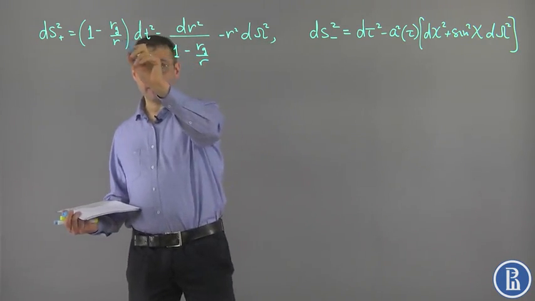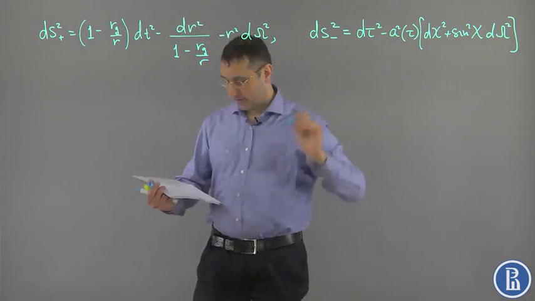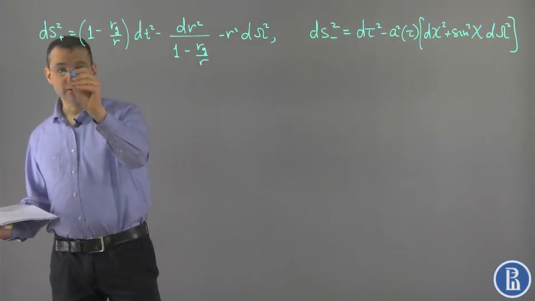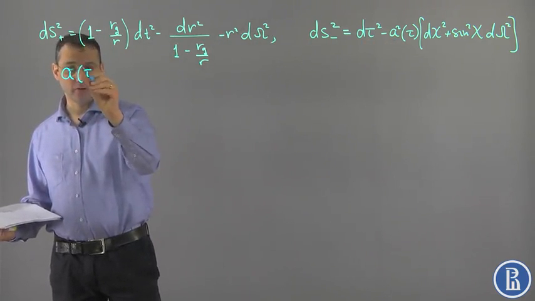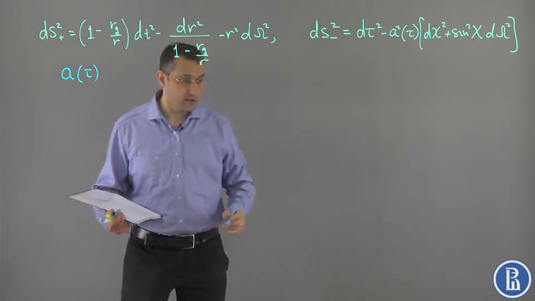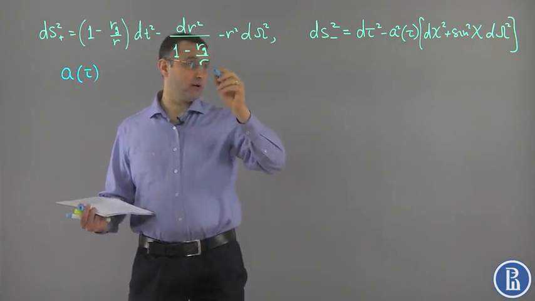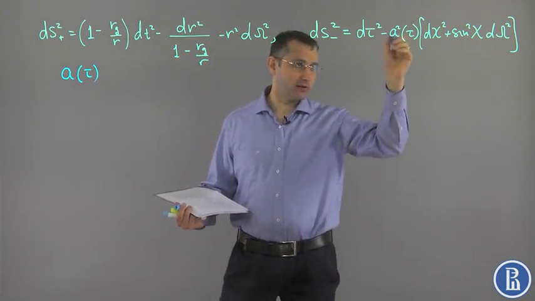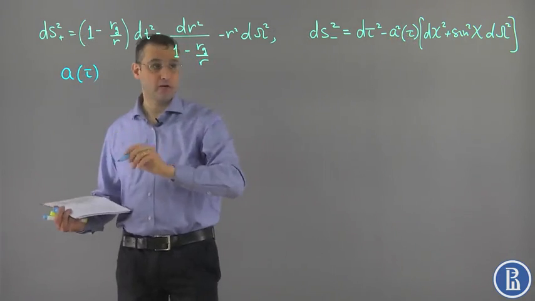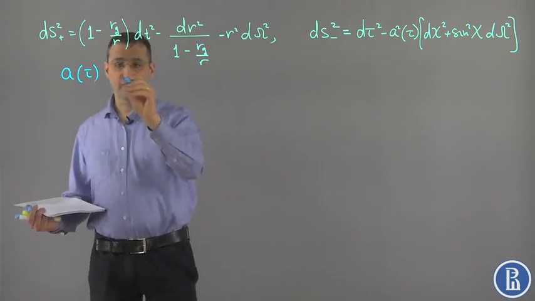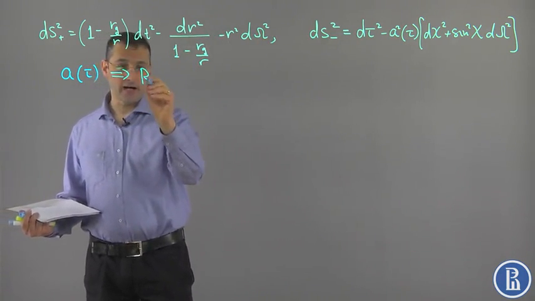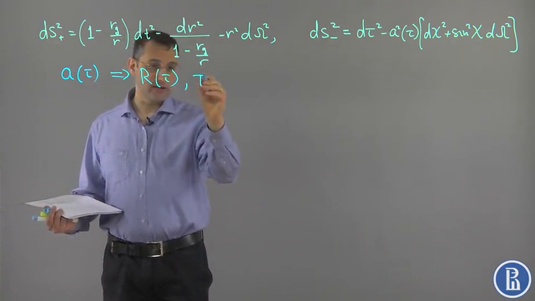By gluing the metrics themselves, we were able to find a of tau through the parametric relation, by solving Einstein equations here. By gluing this to this, we can find r of tau and t of tau.